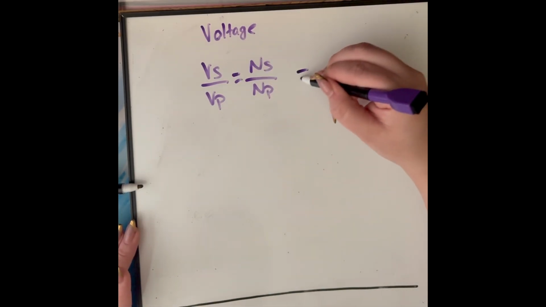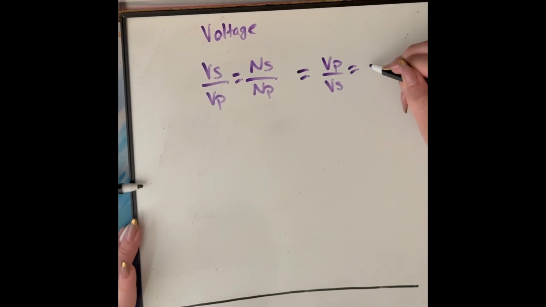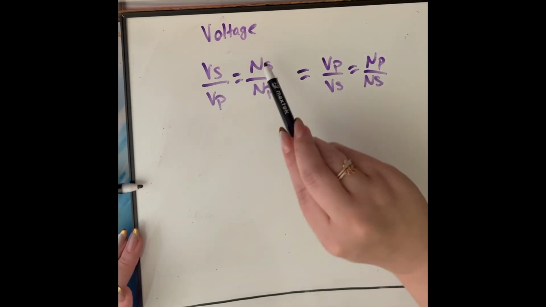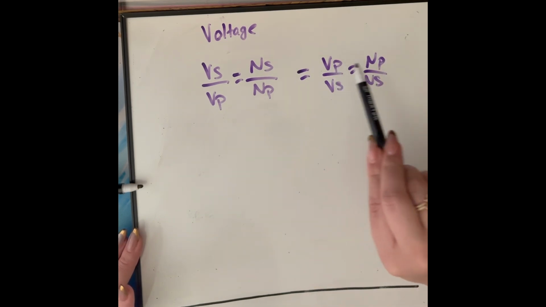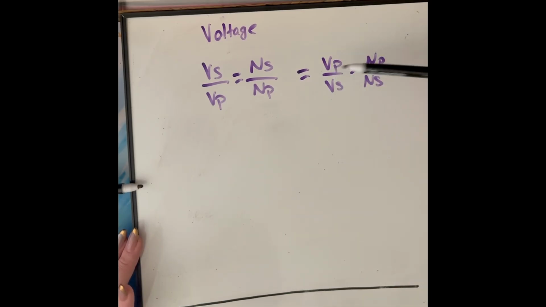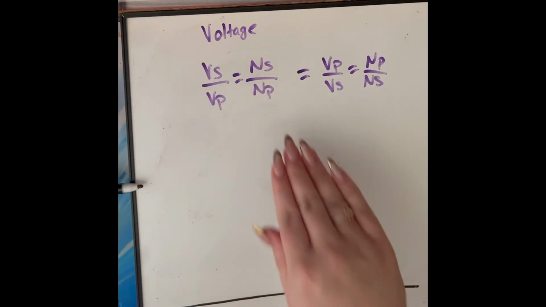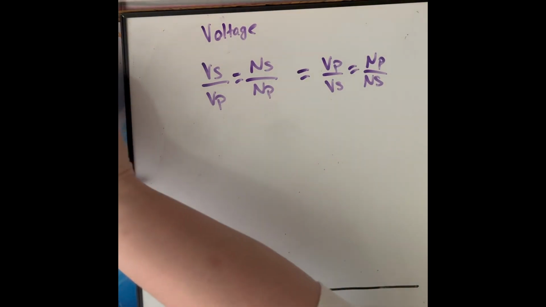This is the exact same thing as Vp over Vs equals Np over Ns. As long as your S's are both on top or both on bottom, and your P's are both on top or both on bottom, it's okay. This one is an equal situation. So whichever one you use will work for voltage.